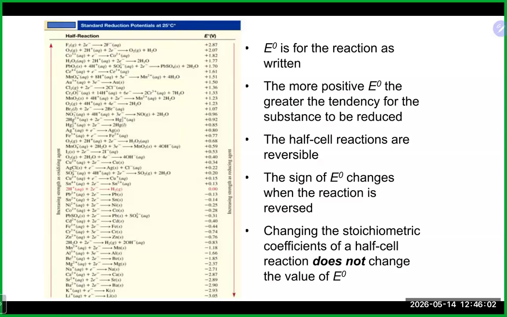Now, how do I know if I'm going to build a great galvanic cell out of these two things, what's going to be my anode and what's going to be my cathode? So if you are not given any information about what is happening, you're not given an overall reaction, you're not told in words what's going on, the more positive E value that you find on the SRP table has a greater tendency to be reduced.